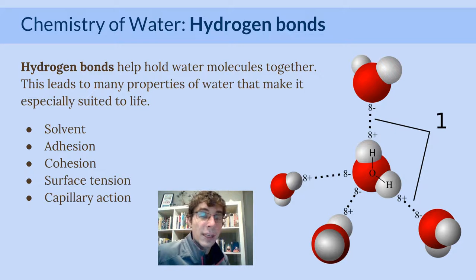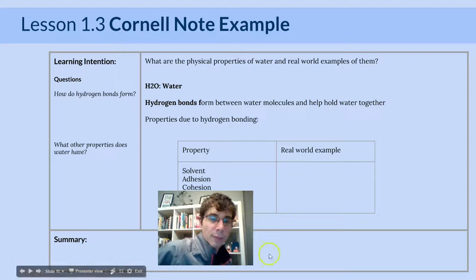They make it be able to adhere to things, so it has the property of adhesion, has the property of cohesion, which means it sticks to itself. It also has surface tension and something that we call capillary action. Okay, so these are all different properties that are around because of hydrogen bonds happening in water.